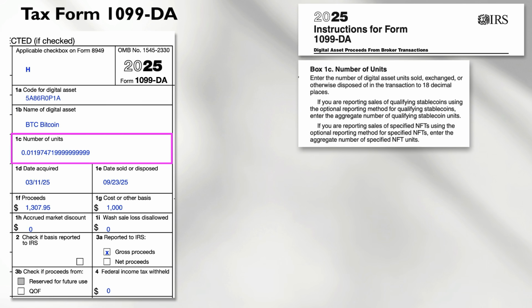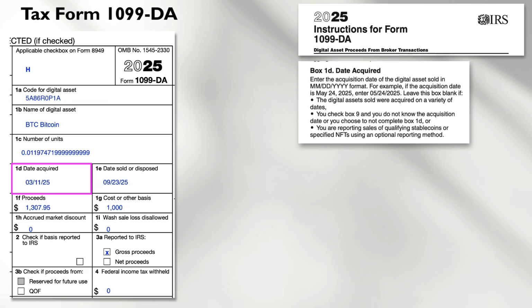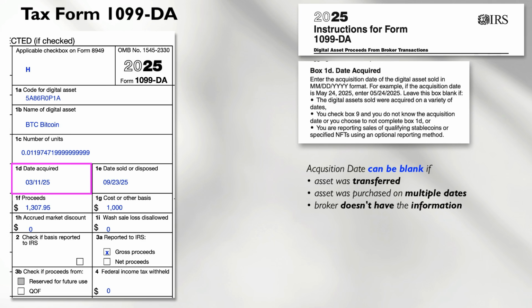Box 1C shows the number of units sold, exchanged, or disposed of. In this case, it is 0.01197 fraction of a Bitcoin. Box 1D shows the acquisition date, which is the date the asset was originally purchased. This box may be blank if the asset was transferred from another platform, if the broker did not have that information, or if the asset is considered non-covered.